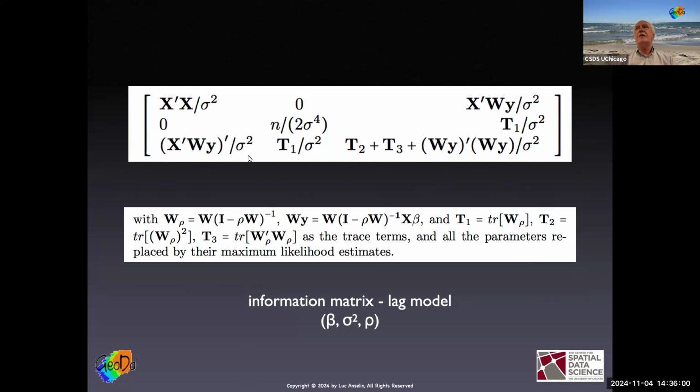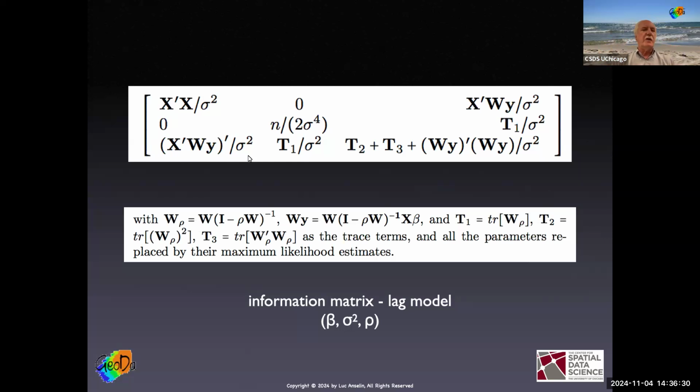That is non-standard behavior. The first time a traditionally trained statistician or econometrician sees this, they think they made a mistake. No, it's not a mistake. It's a non-standard property, and it has to do with the reduced form, which ties all this stuff together in a non-linear way.